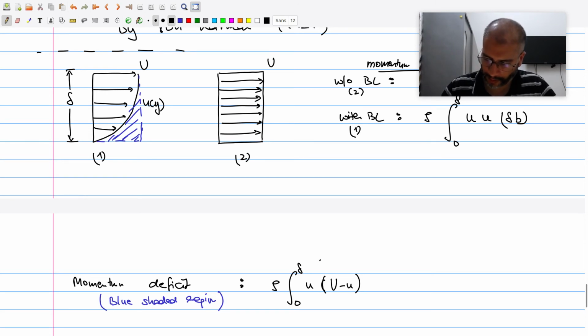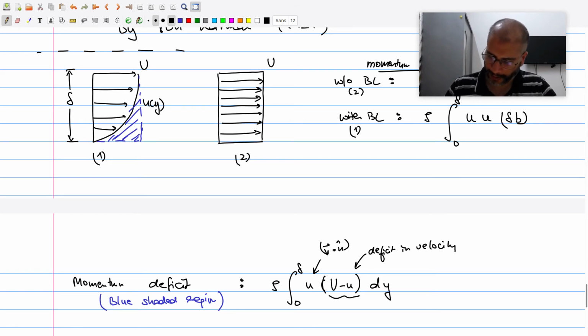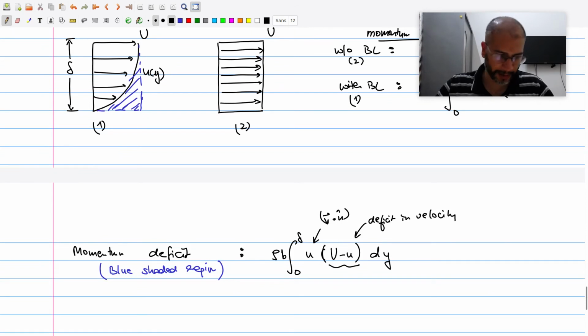So this u is what is giving us that v dot n, and this part is because we're talking about the transport of deficit. This is the deficit in velocity. So this gives us the momentum deficit here, and there's a b that we'll take out. Yes, a lot of times we talk about momentum deficit. So this is exactly what is meant by momentum deficit.